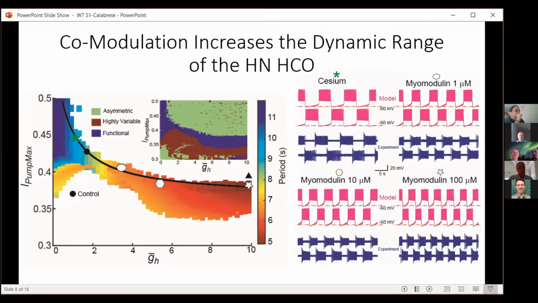We also did it when the H current is partially blocked by cesium. It sits here in this green spot. This is 1 micromolar myomodulin, this is 10 micromolar myomodulin, and this is 100 micromolar myomodulin. And so that's how this pathway was computed to fit through this parameter space.